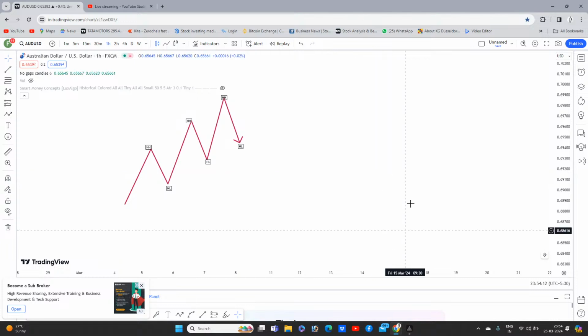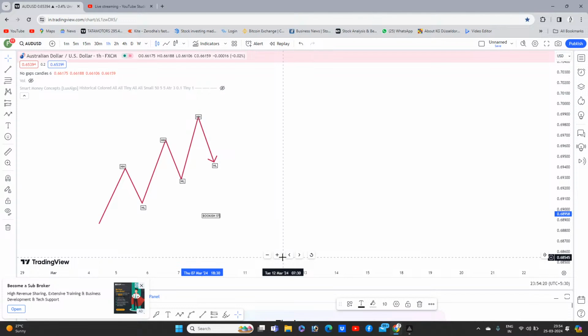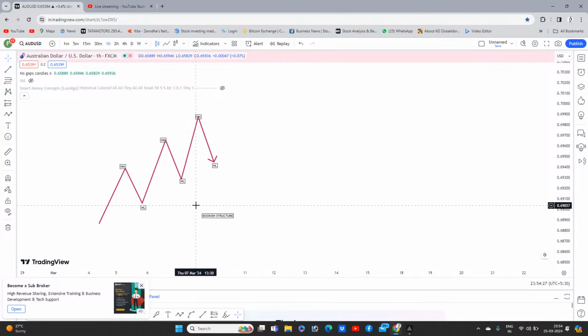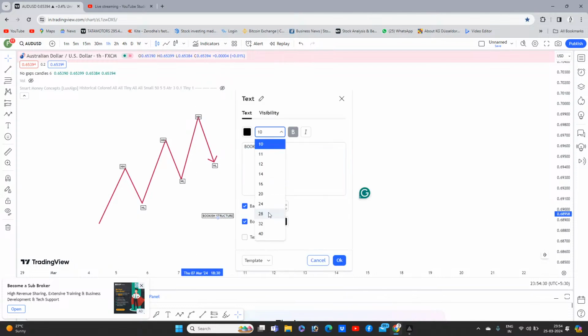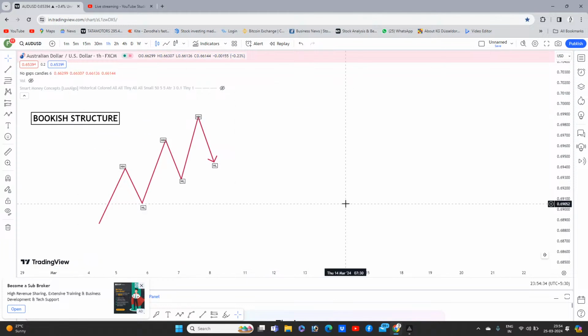This is a bookish structure, which is drawn in books. People take trades based on this structure, and their stop losses get hit again and again. Though it is correct, I'm not saying it is not a correct structure.